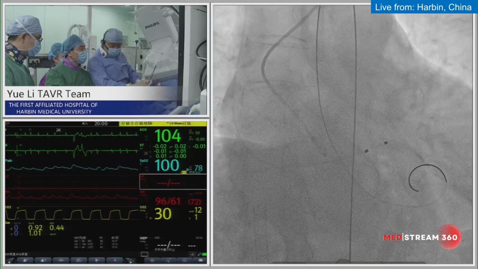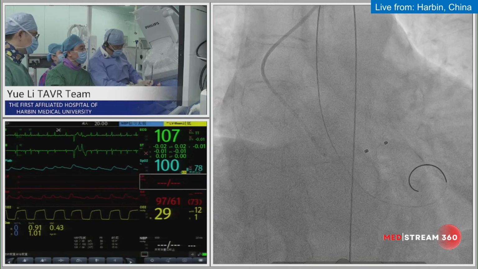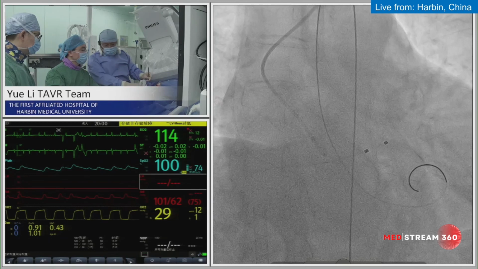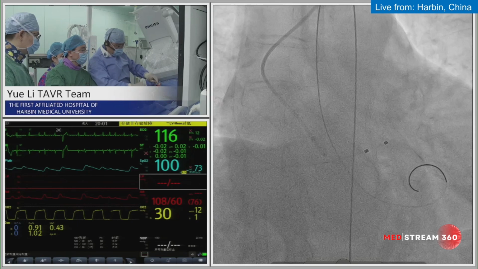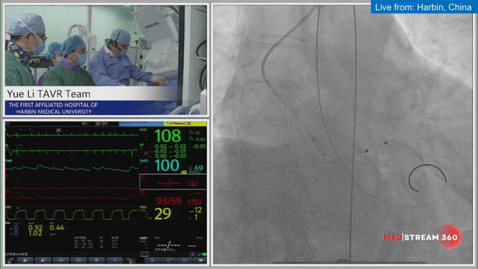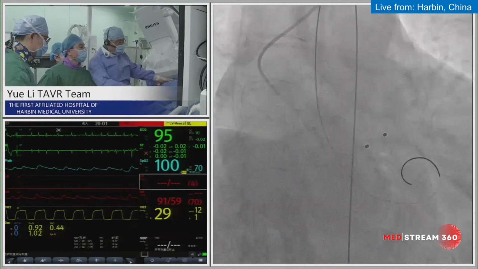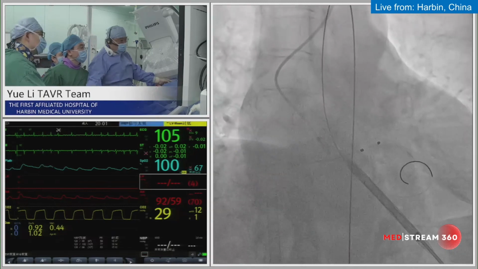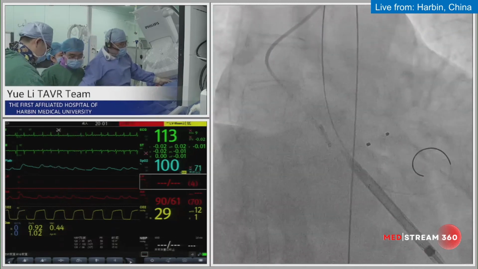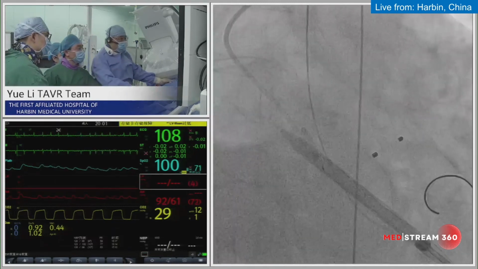Based on the annulus and supravalvular restriction, we measured the AV29 valve oversize as 9.3 to 13.2%, and AV26 at 0.9 to 5.2%. So we choose the Taurus Elite valve, the AV29.